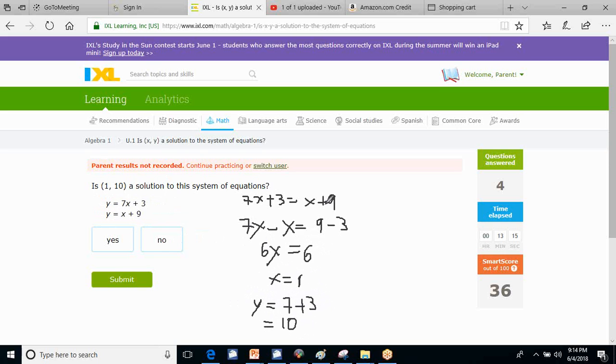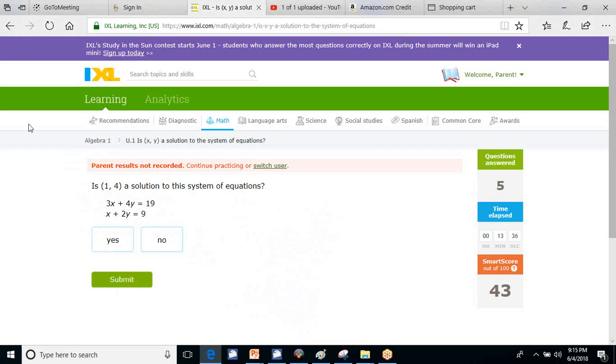So these two equations are equal. All right? So x is 1, y is 10. All right. So this is correct.